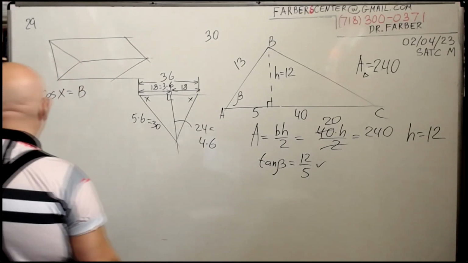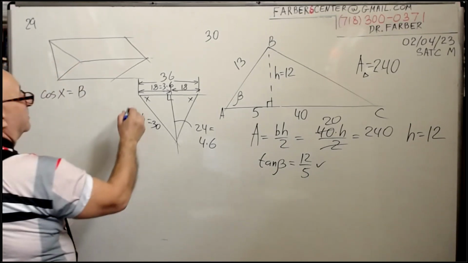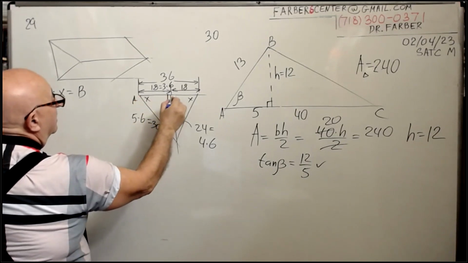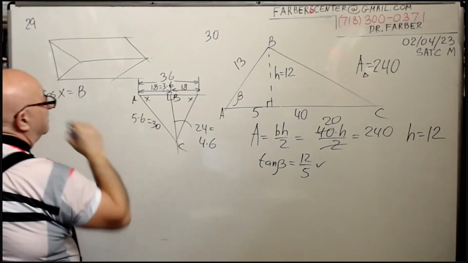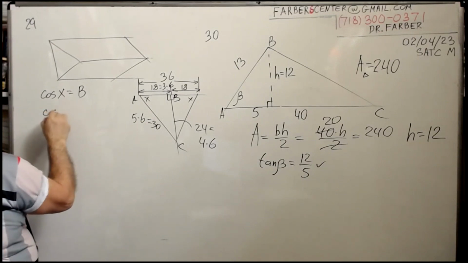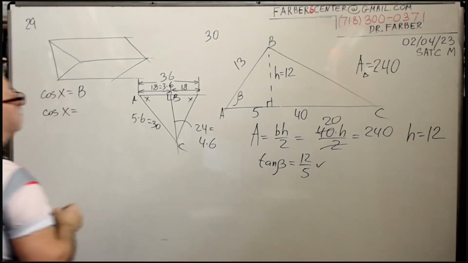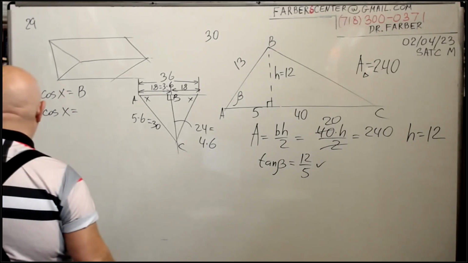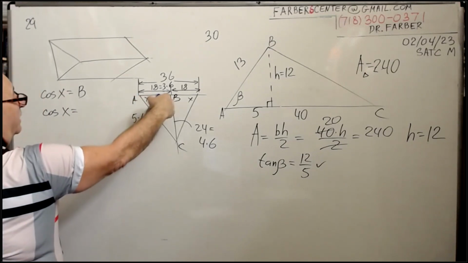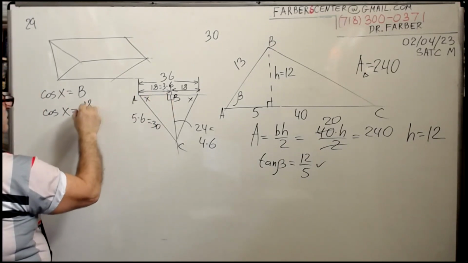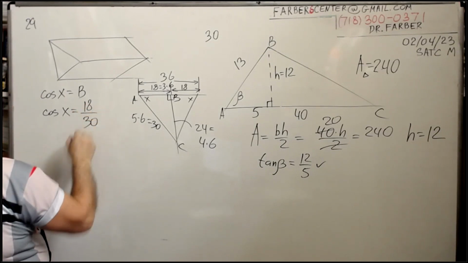Okay. What is cosine of x from this triangle ABC? Cosine of x equals adjacent to hypotenuse.